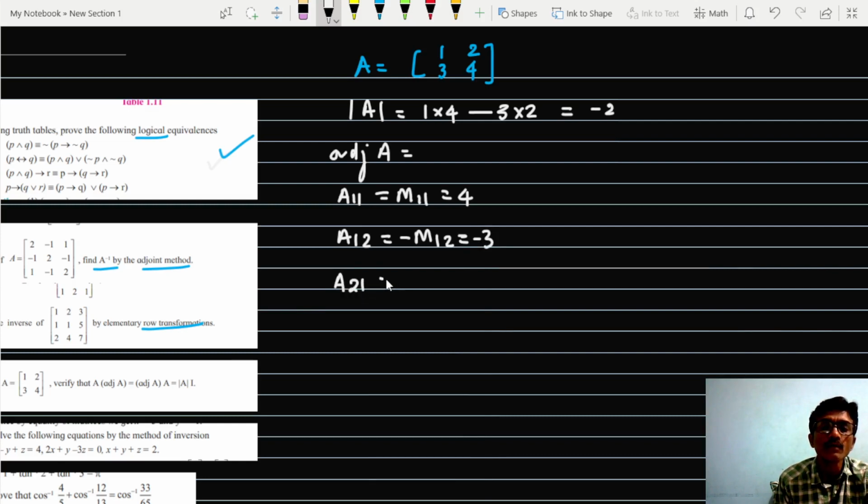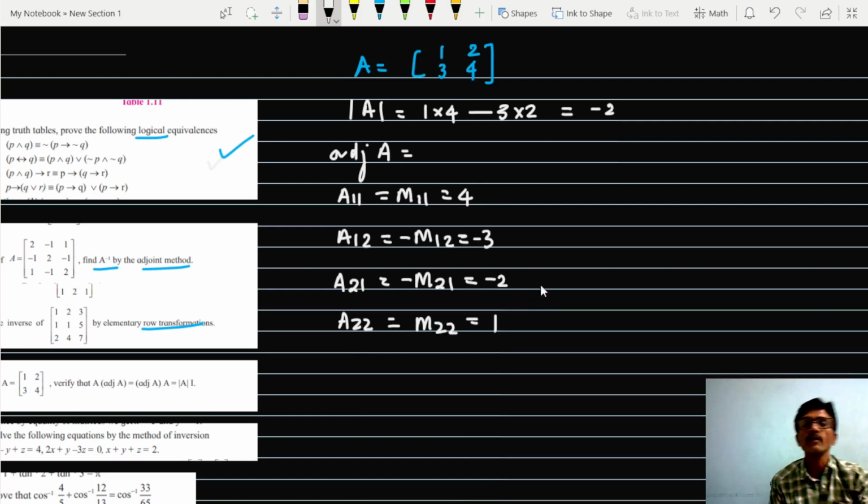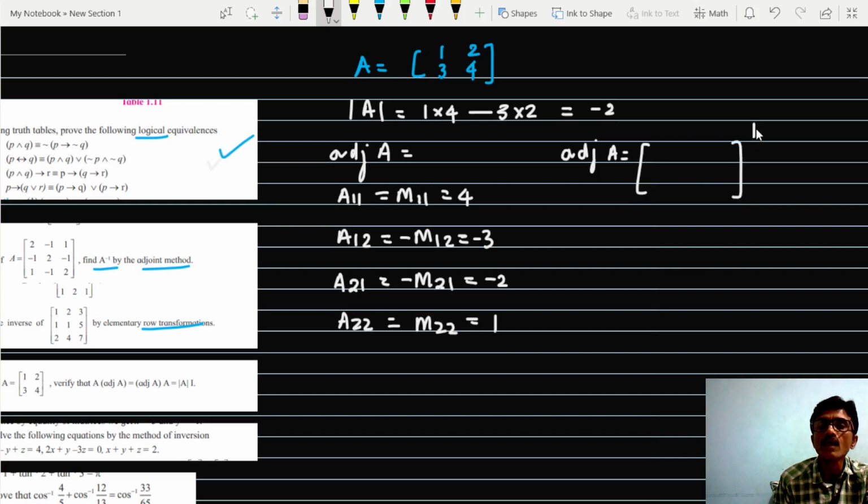A21 is again minus of M21, which is minor of this element is 2, so it is -2. Then A22 is equal to what? M22. Minor of this element is this 1. After getting all cofactors, adjoint of A matrix is equal to transpose of the matrix of cofactors.